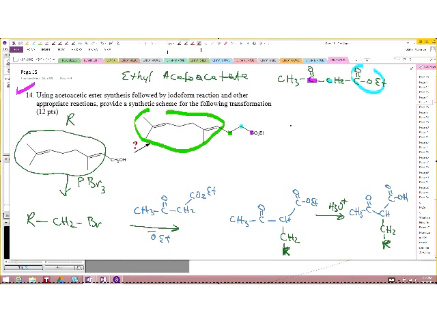Now once you apply heat, we are going to lose this carbon dioxide, and this hydrogen will simply come here. So now we form this.